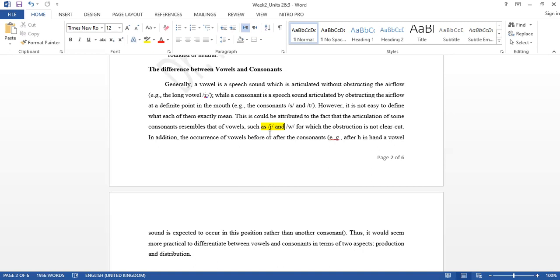Number one, production, the difference between vowels and consonants in terms of production, and number two, sound distribution. Because sometimes we can see that a consonant may take the position of a vowel sound. So we need to pay attention to these criteria according to which we can differentiate between vowels and consonants. So it's not just a matter of production, it's also a matter of sound distribution.